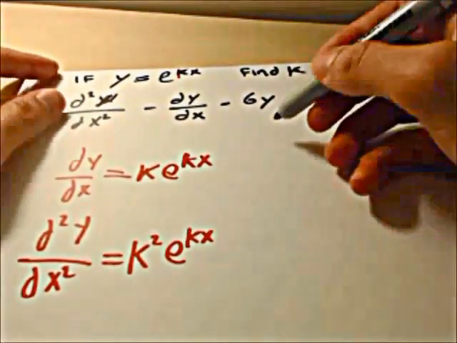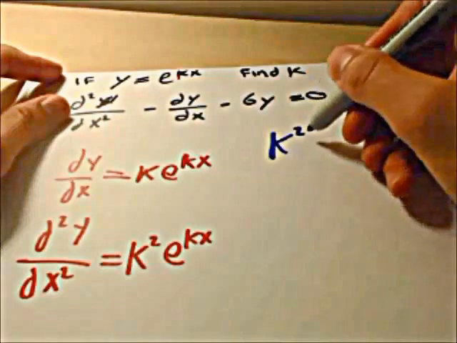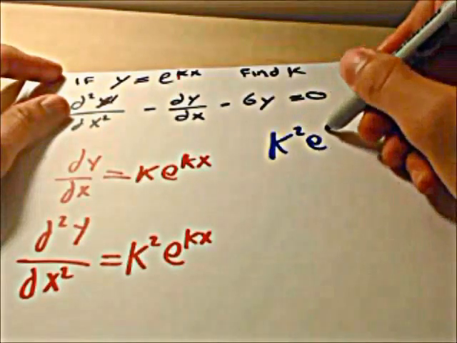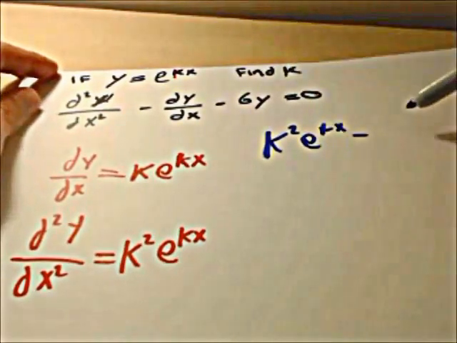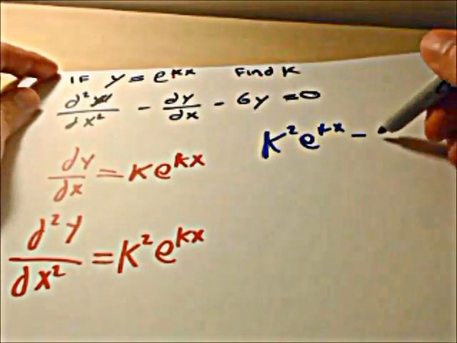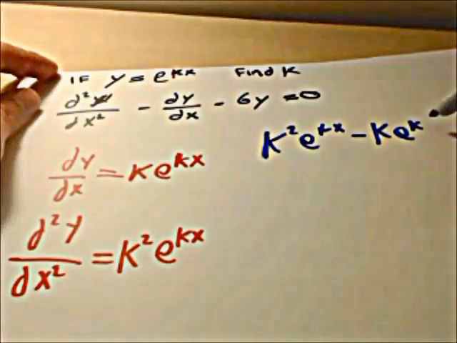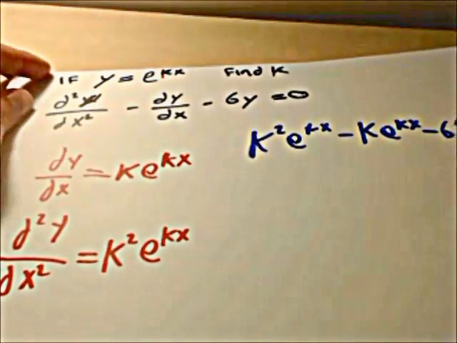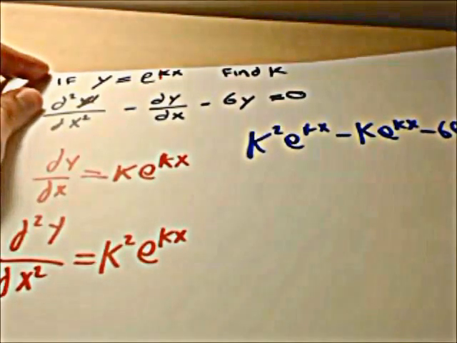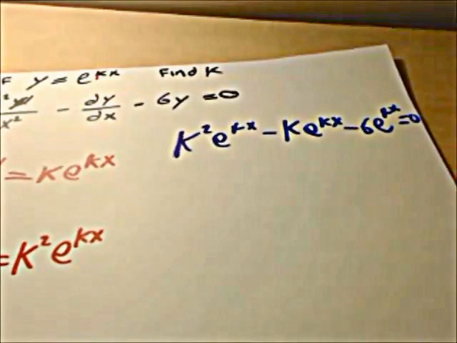So, k squared e to the kx, minus, substituting dy dx with this, minus k e to the kx, and then minus, don't forget your constant, 6 times e to the kx, and that equals 0.